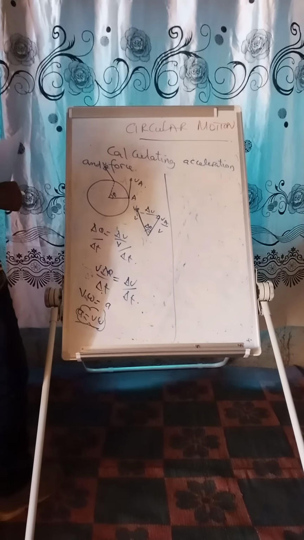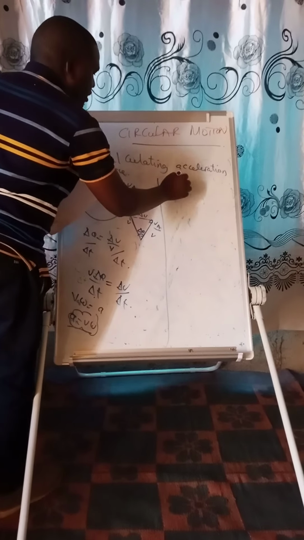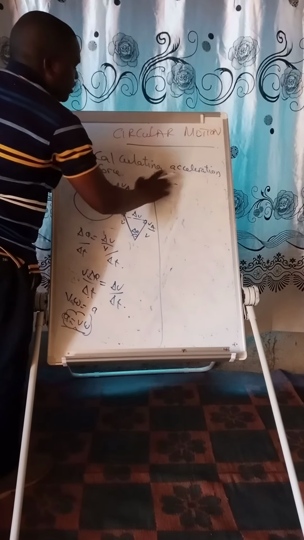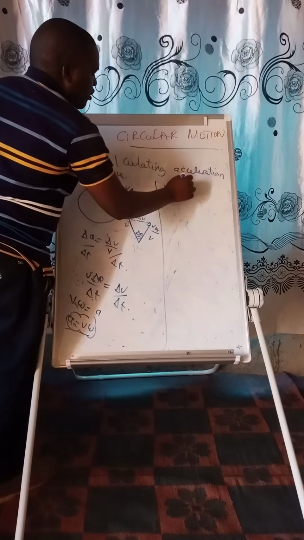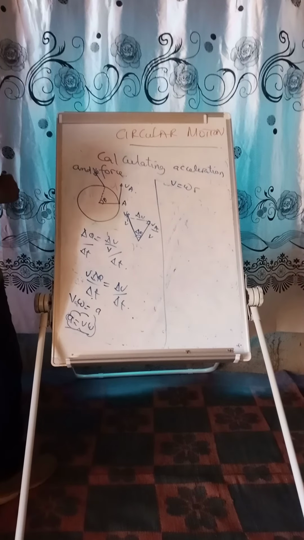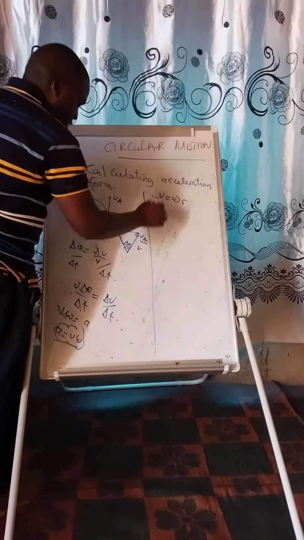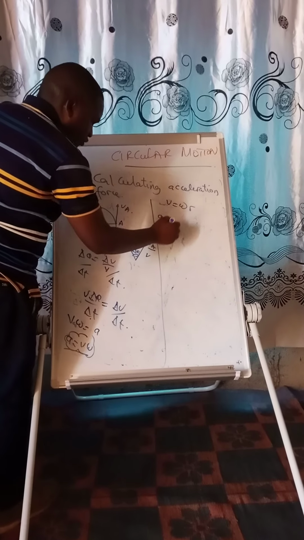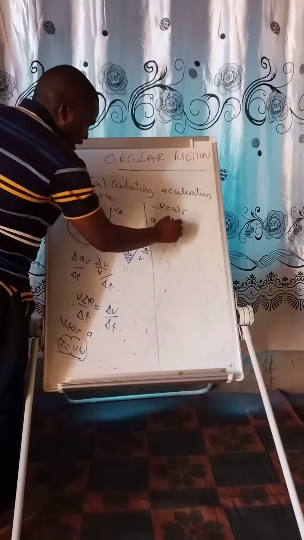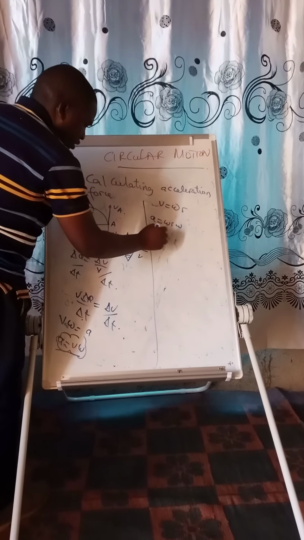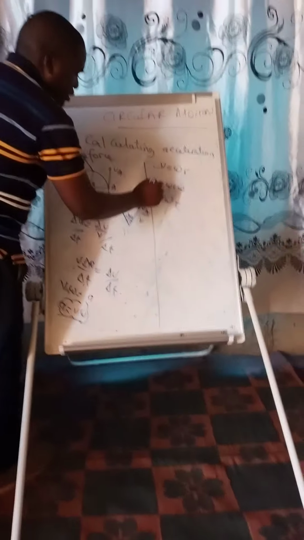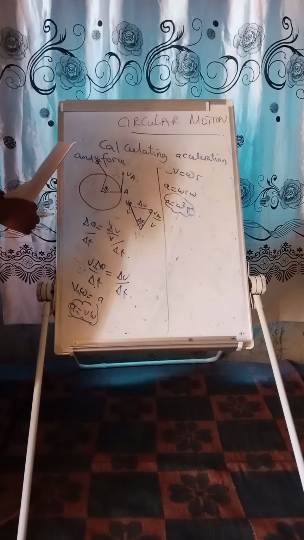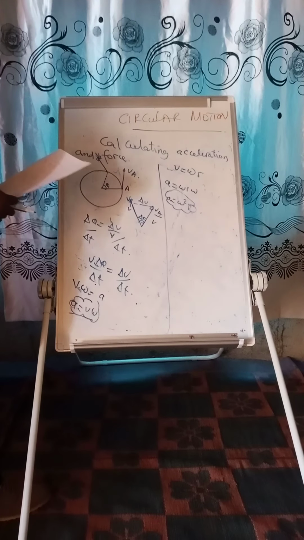Speed times omega. But remember, the relation of V and omega is V equals omega times radius. So if we put omega r for the v, acceleration is equal to omega squared times radius. So this is also our new formula for acceleration for a body moving in a circle.